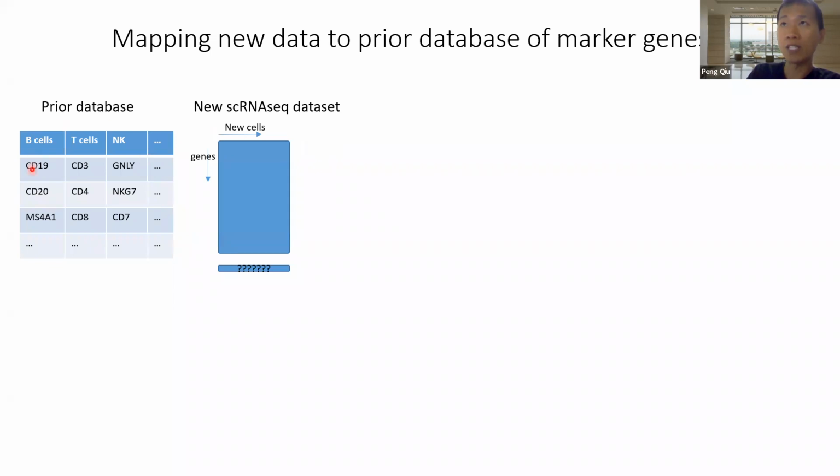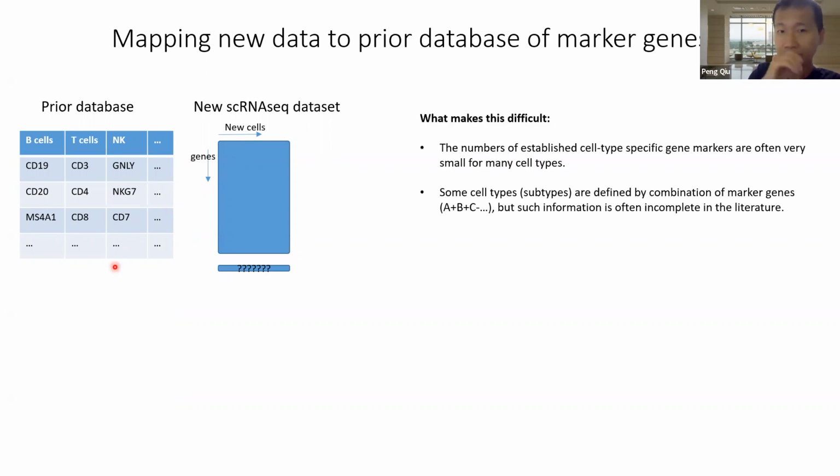Now, once we have this database as our prior knowledge, we can examine a new single-cell RNA-seq data set and ask, for each cell or maybe each cell cluster, what kind of genes do they express, and then use our prior knowledge to guide the annotation in an automated way.